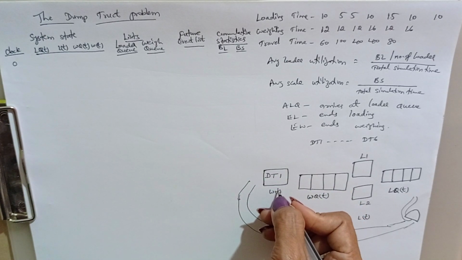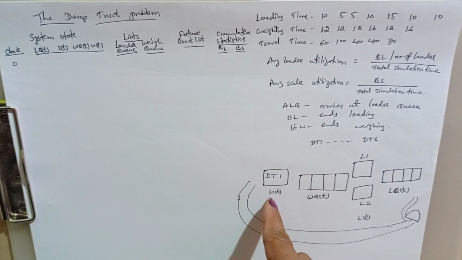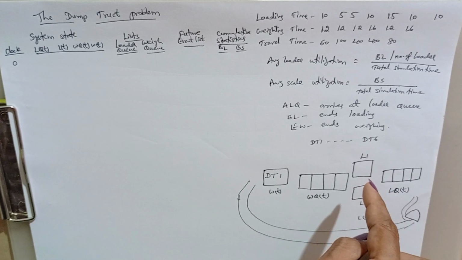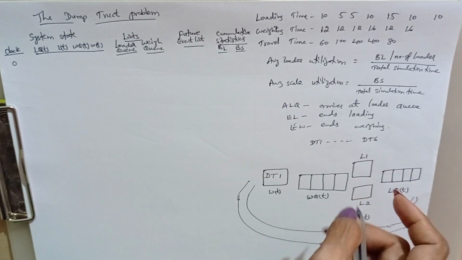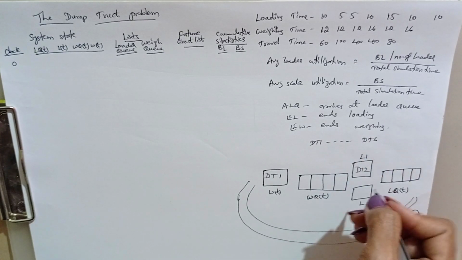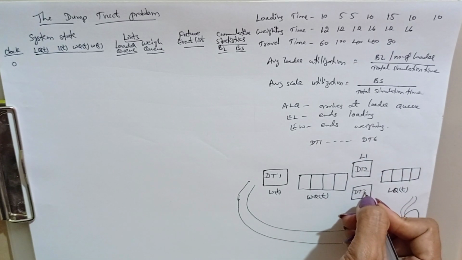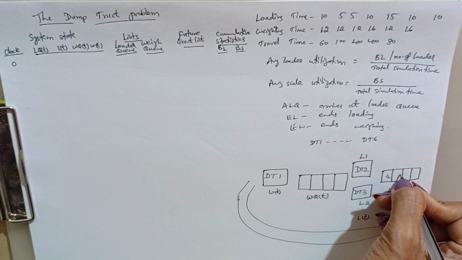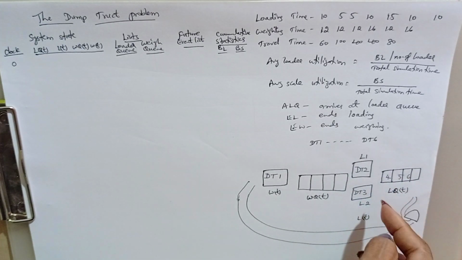The first one is on the scale, W of T, and 5 on the loader. Five at a time loading is not possible. So truck 2 is on the first loader and truck 3 on the second loader loading, and the remaining 4, 5, 6 are on the loader queue.